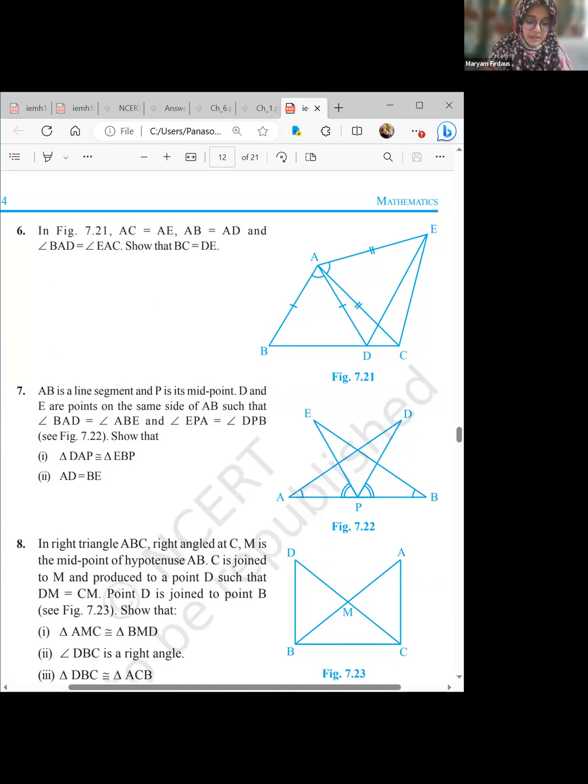Well, from the figure, this is just like the previous question. We can call this angle x. Let's call this angle over here x, okay?